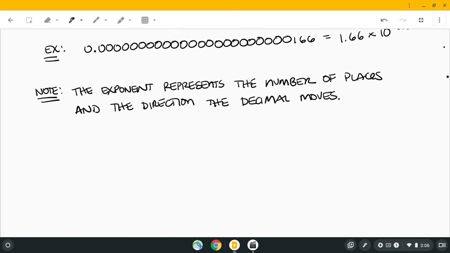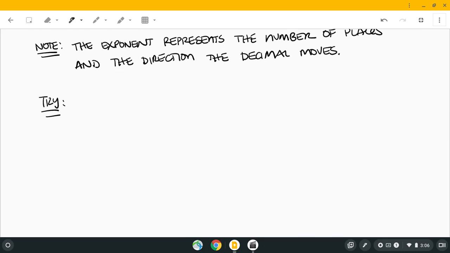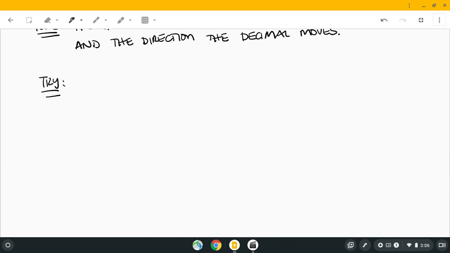All right, so go ahead and give this a try. Go ahead and see if you can write each of these in scientific notation. They won't be quite as large or quite as small. So write each in scientific notation.